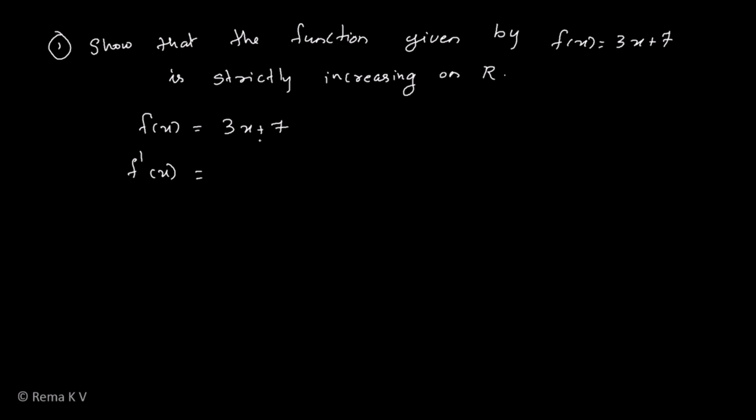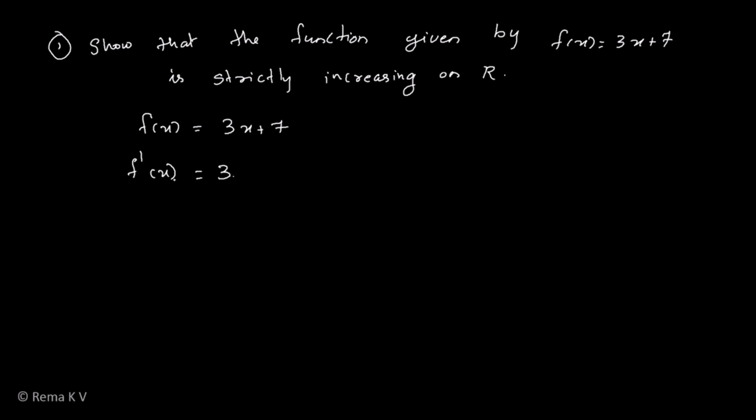While differentiating, you will get the derivative of 3x as 3 and the derivative of 7 is 0. So f dash x is equal to 3.